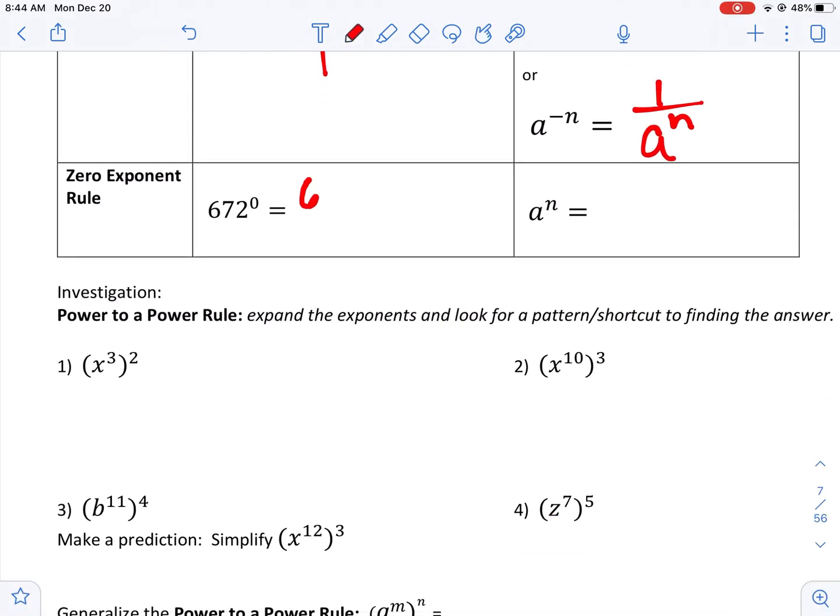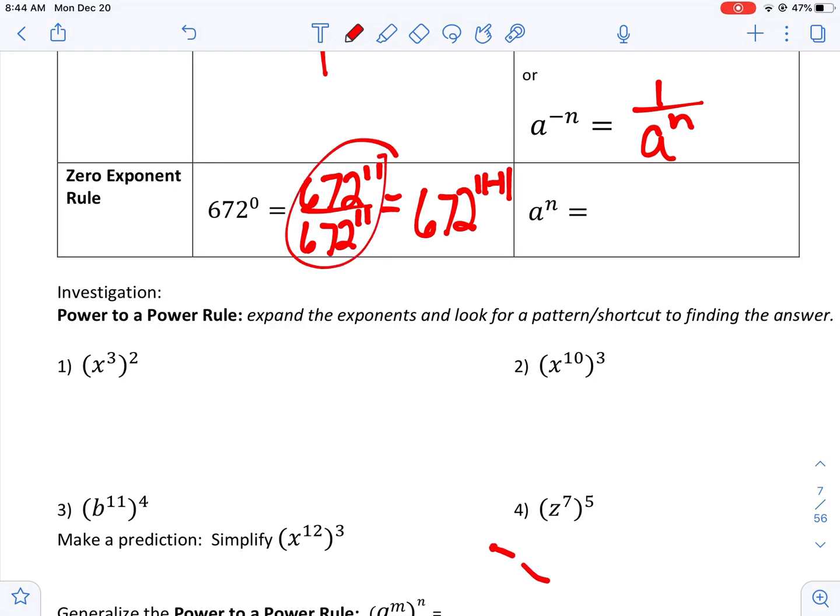So this was like our warm-up. If we had 672 to the 11th over 672 to the 11th, we know our rule is that we subtract them, which is 0, but we know that the same thing over the same thing is equal to 1. So this should be a to the 0 equals 1.